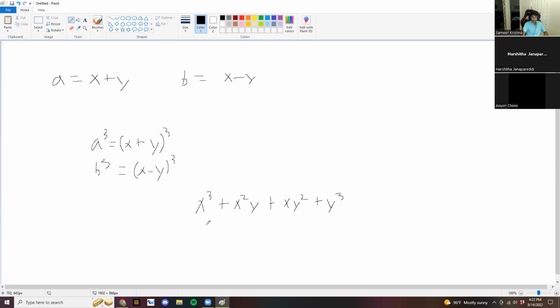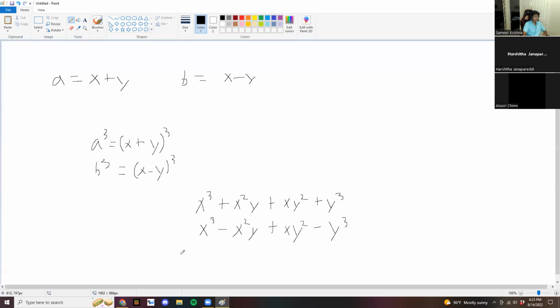Now in this one we get the same thing but switching signs: positive, negative, positive, negative. So we got negative Y cubed.